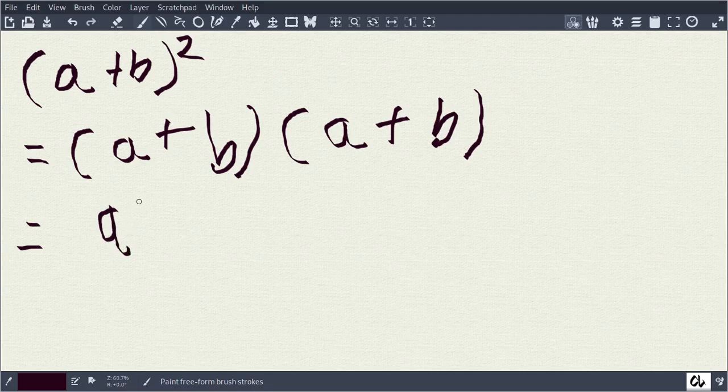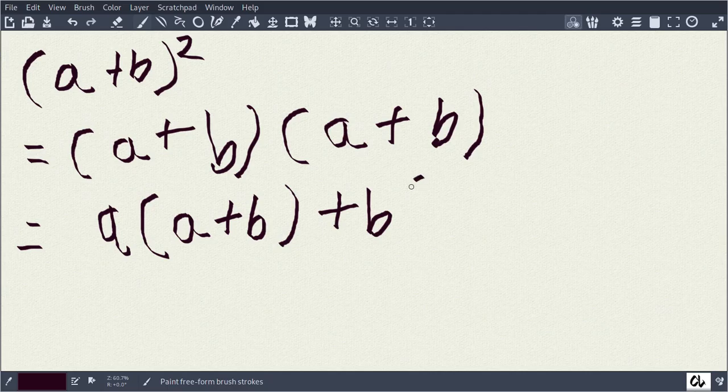And due to, I guess this is called the distributive property, I do not know, sorry, but this is what we can basically do. I do not know the name of the properties, but this is true. So a plus b times a plus b.